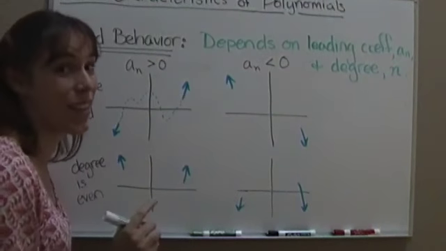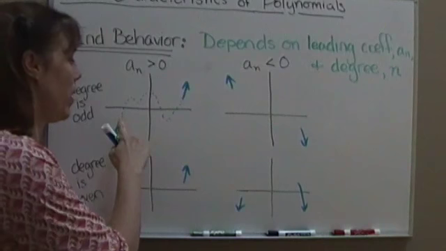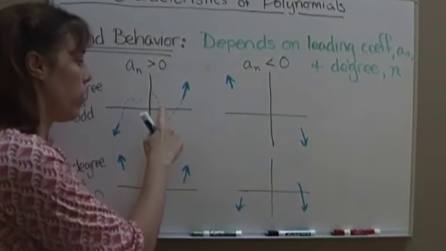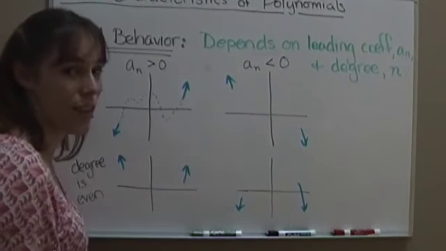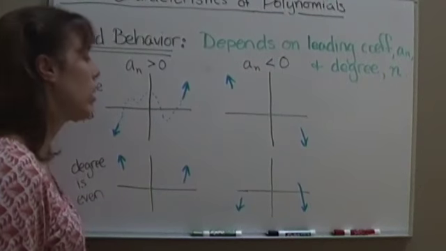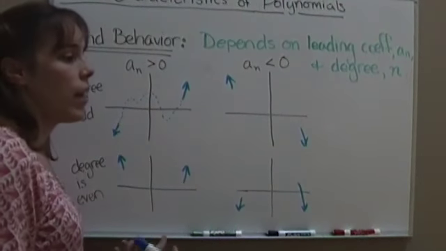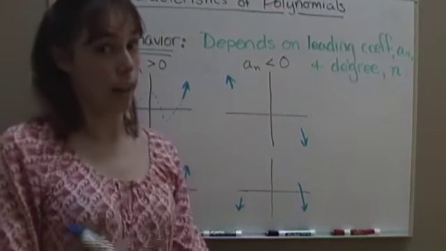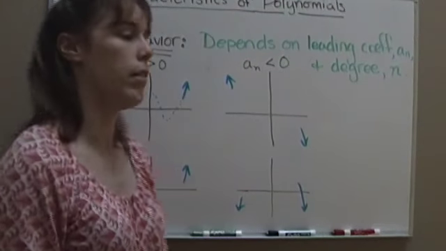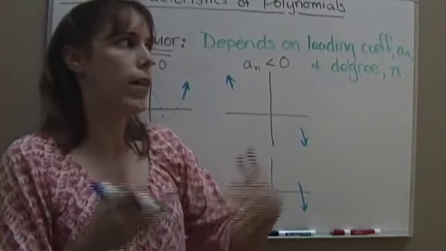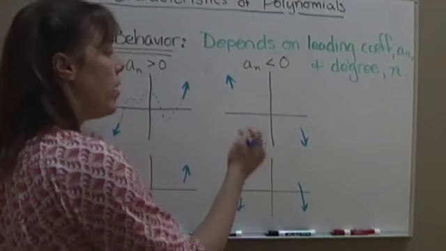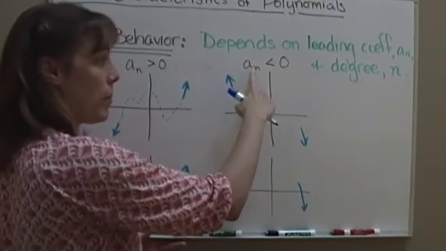This is not an x to the third graph. This is more like an x to the fifth graph, but we'll talk about that in a second. If, say, you had a negative in front of the x to the third or the x to the fifth, say a negative 2 or a negative 8.6, then you would flip the graph upside down.